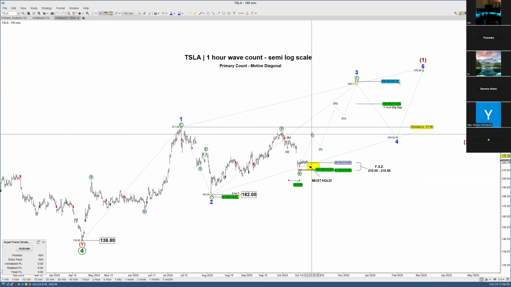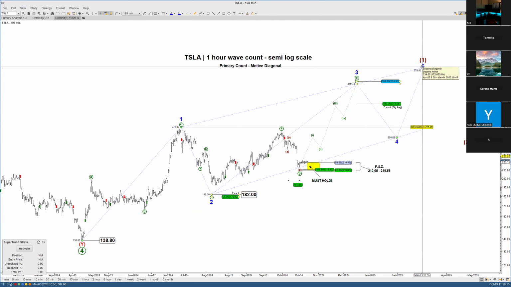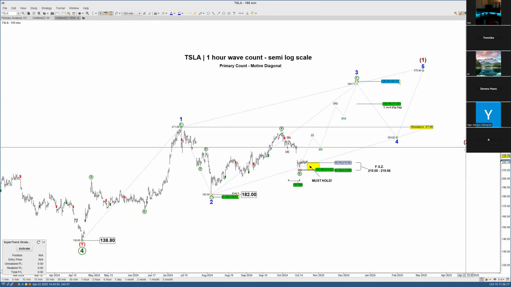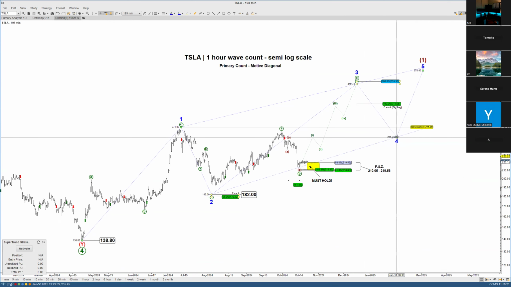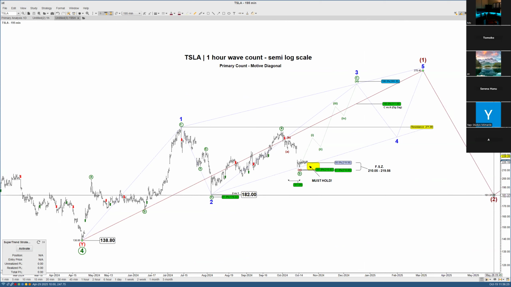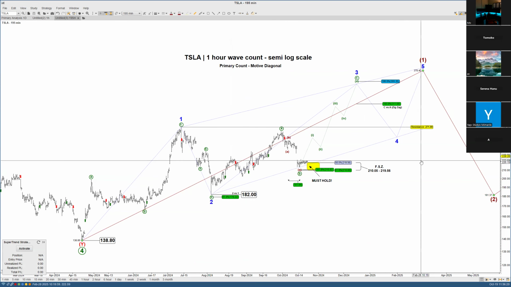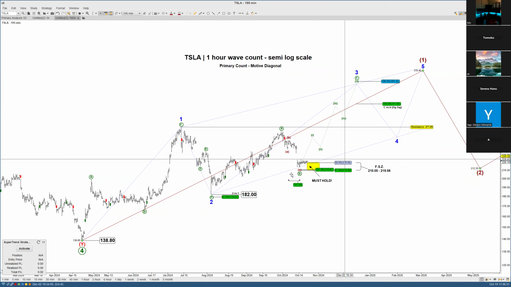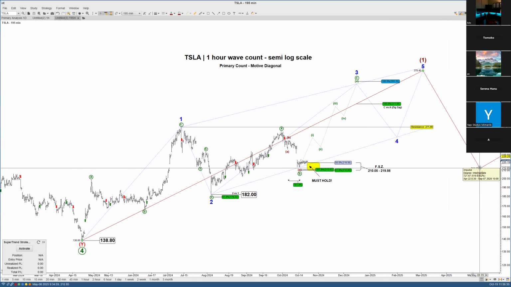If it does happen to complete this, then you're going to have another 3 to the downside, then another 3 to the upside, then this wave 2 is going to come all the way back down, back to the 4th wave again. Then it can come down as much as 2, because this is where the diagonal starts from, wave 2. So the retracement after completing 5 could be pretty nasty.